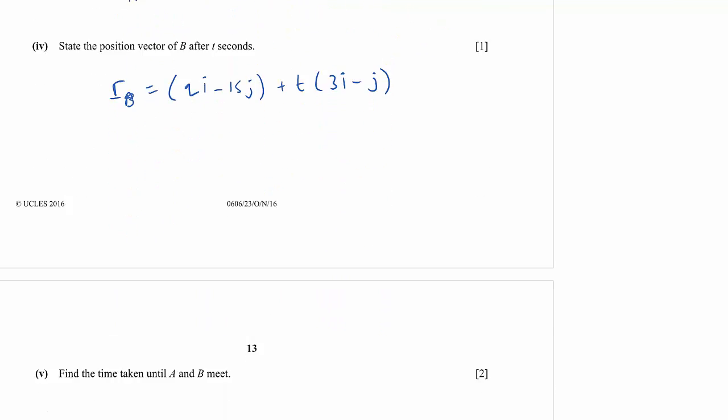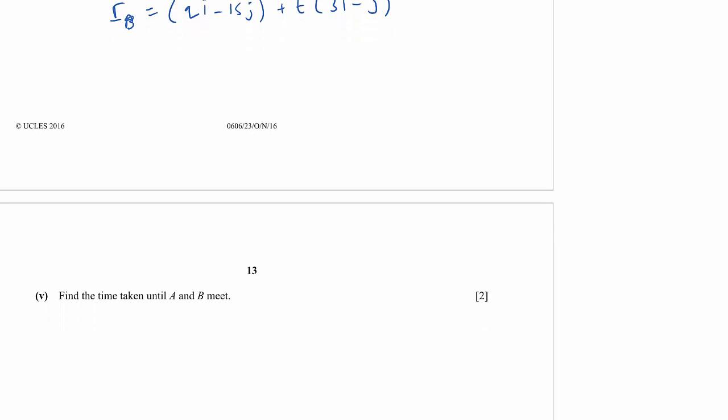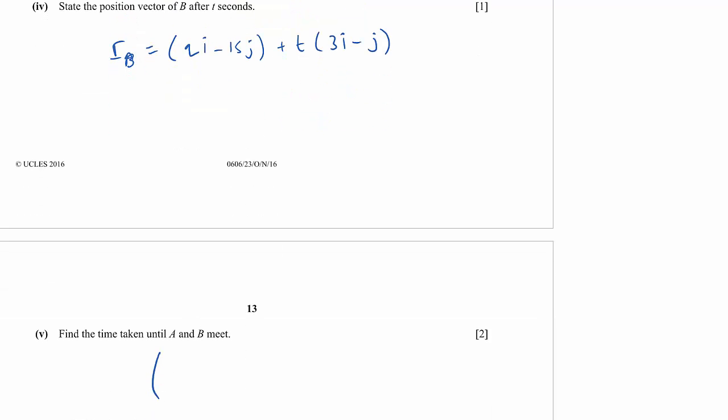Okay, so moving on. We want the time taken until they meet. So they'll meet when the position vectors are equal. So if we look at RA, as far as the i components are concerned, that's 1 plus 4t. I'm going to do these as column vectors. And for B, that is going to be q plus 3t.